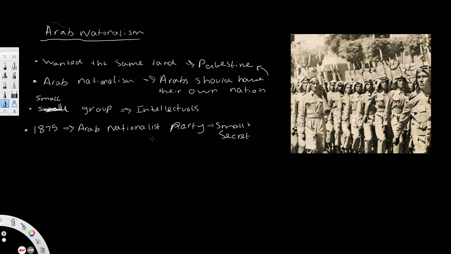Okay, and really the core role of Arab nationalism is the theory of self-determination. So we're going to look at self-determination a little bit now. Self-determination is the belief that a single group of people, a like-minded group of individuals or a community or a religion, should have the ability to be self-sufficient. So self-determination is the idea of self-sufficiency.